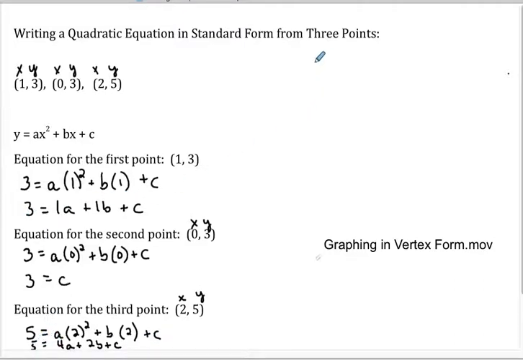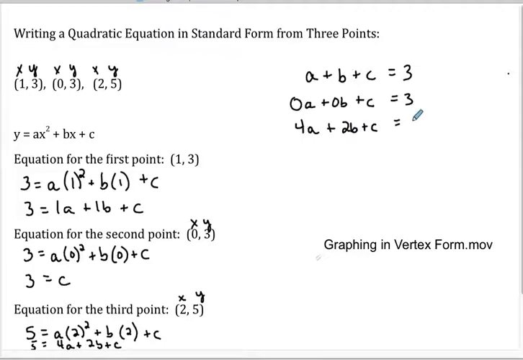I have this equation here. I have a plus b plus c is equal to 3. I'm going to write this a little strangely. I'm going to write this as 0a plus 0b plus c is equal to 3. And here I have 4a plus 2b plus c is equal to 5.